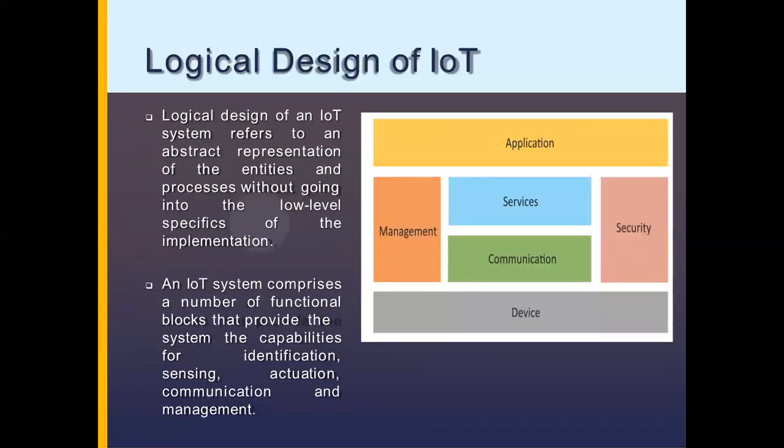Now moving on to the next topic, the logical design of IoT. The logical design of an IoT system refers to an abstract representation of the entities and the processing without going into the low-level specifications. Here in the logical design of IoT, we have application, services, communication, security, management, and device.